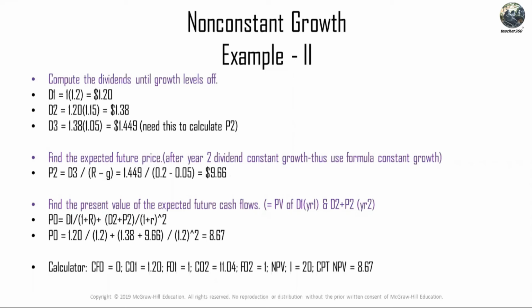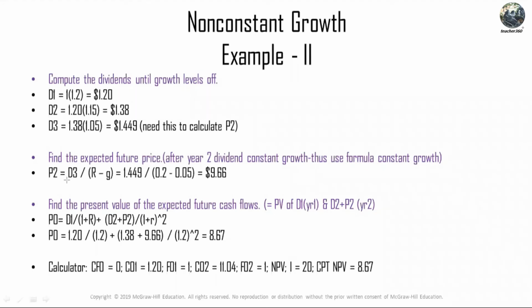You should always remember that we are finding the present value of expected future cash flow. So D3 is the future and P2 is the current. So here we are finding the year 3 dividend value today.